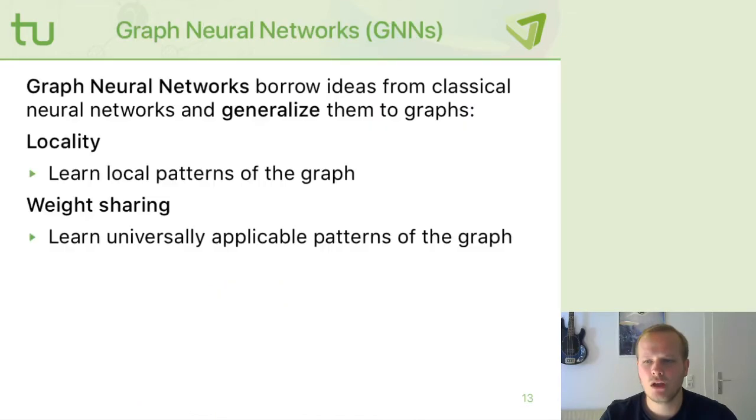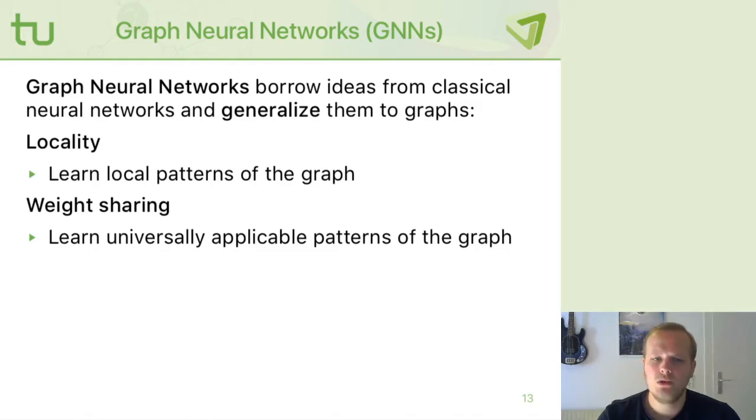Okay, so what are graph neural networks? In my opinion, graph neural networks can be seen as a generalization of convolutional neural networks to highly irregular structure. For example, in graph neural networks, the concept of locality is a central topic.